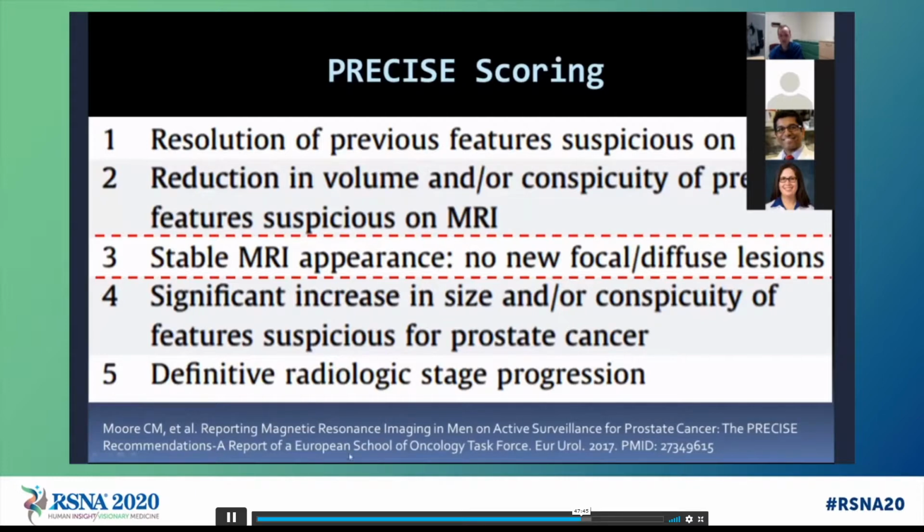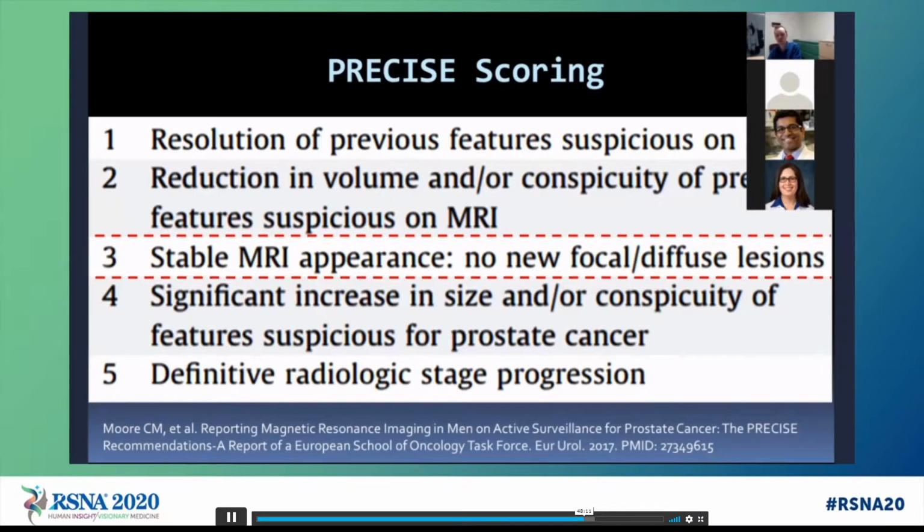So this is from a working group that came up with this back in 2016, published in 2017. It's a 5-point scale of how you assess the follow-up MR, with 3 being the default that there's been no change and no new features. Now, we're not really expecting things to get better because we're not actually treating the patients. But sometimes the lesions can become more conspicuous as background inflammatory change may disappear.